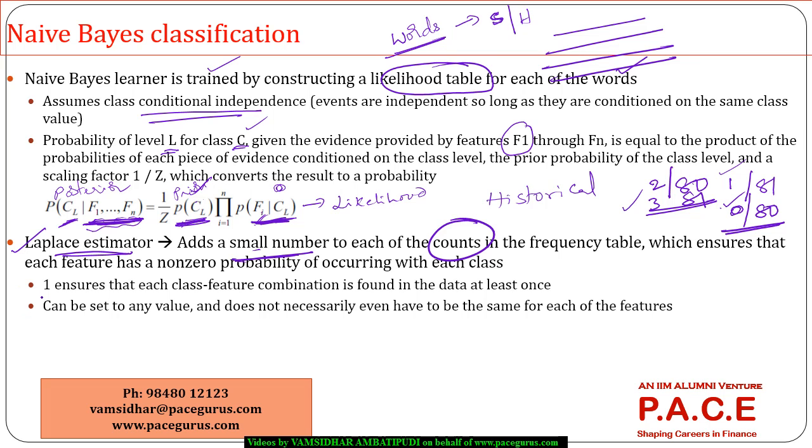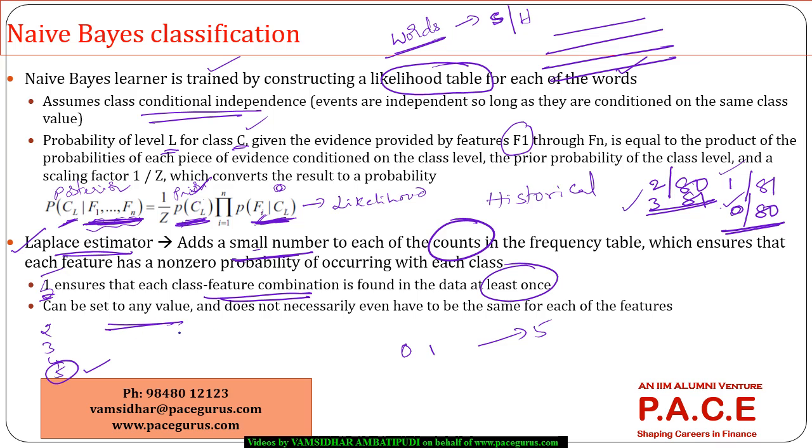So when I am setting the Laplace estimator as 1, it ensures that each class feature combination is found at least once. I can set it to 3, 4, 5, assuming that at a minimum, that particular class feature combination comes at least 5 times in the data. Then I am setting this as 5. Even if it comes 0 times or 1 time, it will be set as 5.